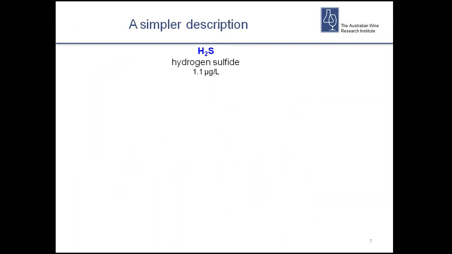So if we start with hydrogen sulfide, it's got an aroma threshold of about 1.1 micrograms per liter. And I represent it here with this big nose to just show that it's got a large impact on the aroma of the wine, even if it's present in very low concentrations.